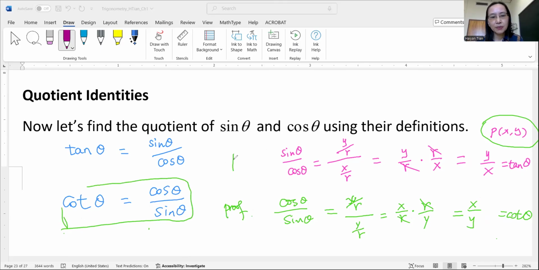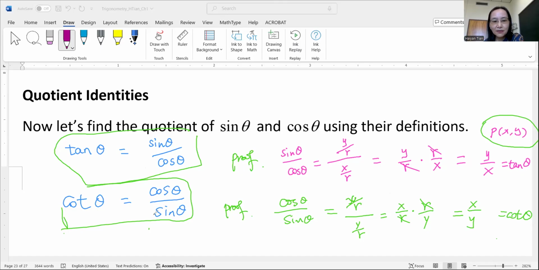And we have done a quick proof of the other identity. So we have two identities. They are called quotient identities. So these quotient identities, what do you use them for? Suppose I know sine, cosine, that means I can discover tangent theta, cotangent theta. So I just simply do a quotient, right? Sine divided by cosine, I get the tangent value of theta.